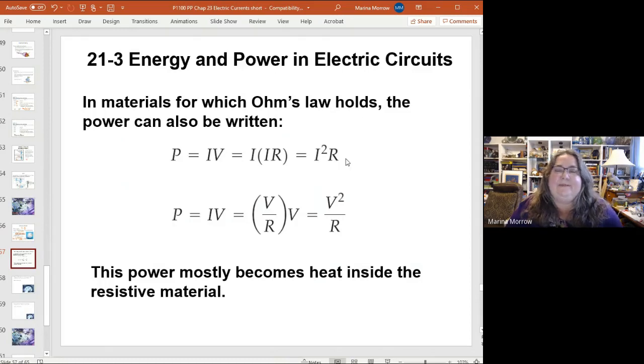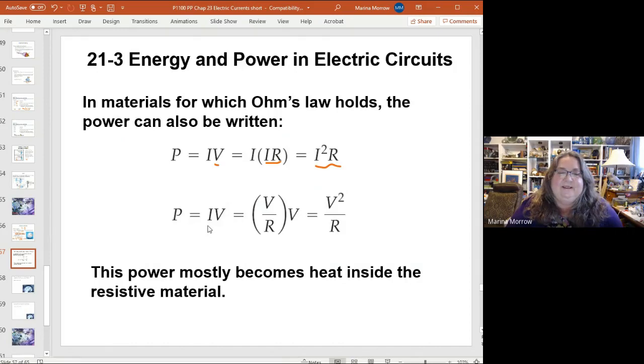Now, sometimes people like to play around with this because they put in Ohm's law. Remember, Ohm's law was V equals I times R, is one way to write it. So in this equation for power is current times voltage, we could put in for the voltage Ohm's law, V equals I times R. And then we end up with an equation I squared R. Or we could substitute in the form that says current is voltage divided by resistance.